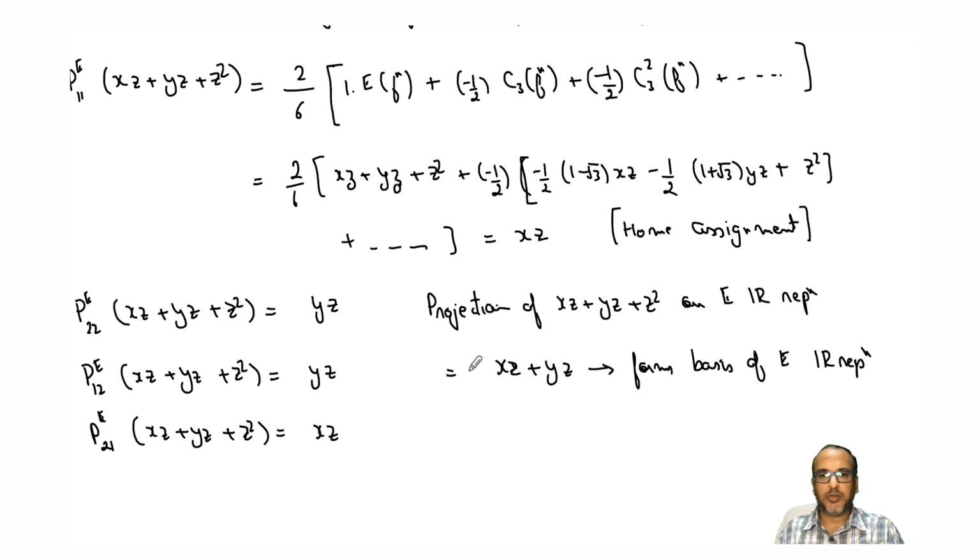Okay, so out of a given function, what we have achieved here is the part which is relevant for the E representation, and the rest of the part is basically neglected. So when we take this projection, what we get is this, and we know that now this thing will form the basis of the E representation, right? So that is the job of a projection operator.